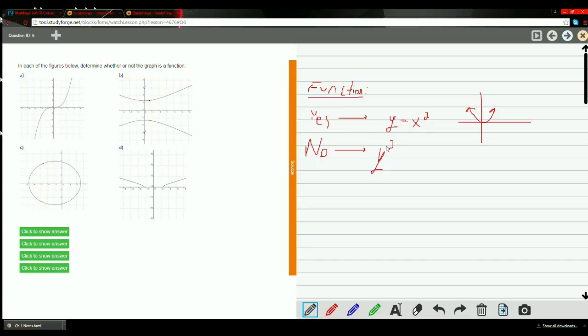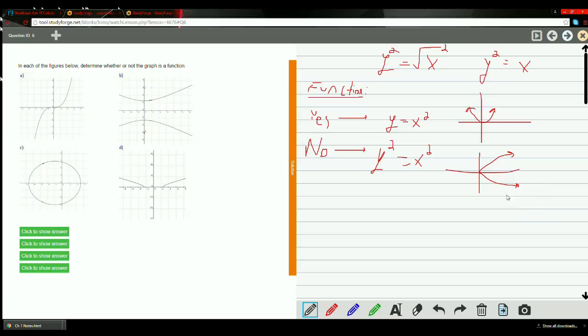The inverse of x squared is basically y equals radical x, which means if you square this side and you square this side, you get y squared equals x. And this will now give you the inverse, just rotated 90 degrees: a horizontal parabola.